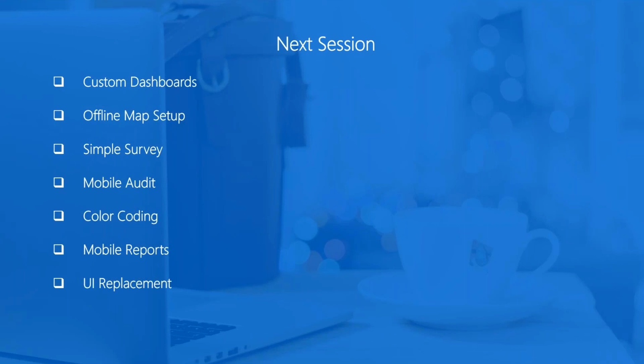That means if you are not satisfied with the default Resco UI, you can actually use your own custom HTML. So these will be the things that will be covered in the next session.